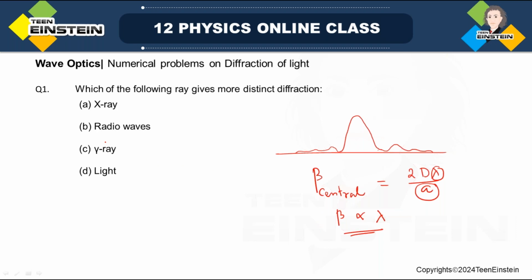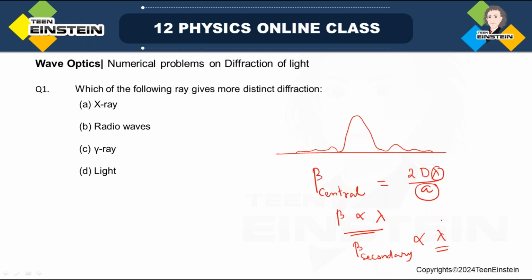Somehow it is directly proportional to lambda. So if we want a distinct or clear width, not only for the central maxima but for the secondary maxima also, the width will be directly proportional to lambda.